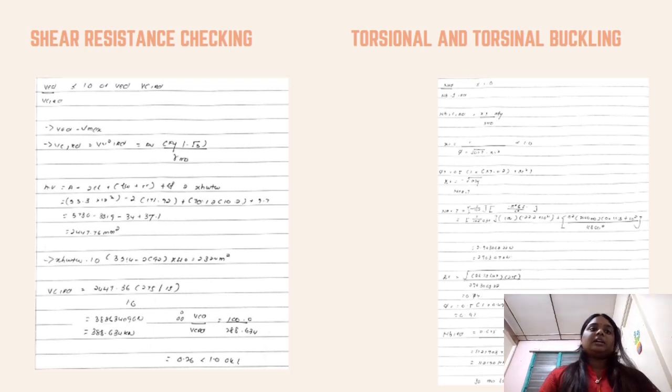So the final answer is 112,190.75 Newton, simplified to 112,190 kilonewton. So the N_Ed 503.26 divided by 112,190, so the answer is 0.449 by 1.0. So the section 203 times 203 times 40 is still okay.